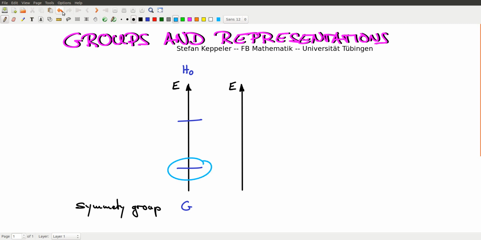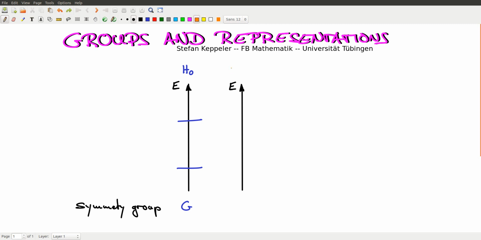Then the states in the corresponding eigenspace transform in an irrep of the symmetry group of this Hamiltonian. And the multiplicity of these states would just be given by the dimension of the corresponding irreps.